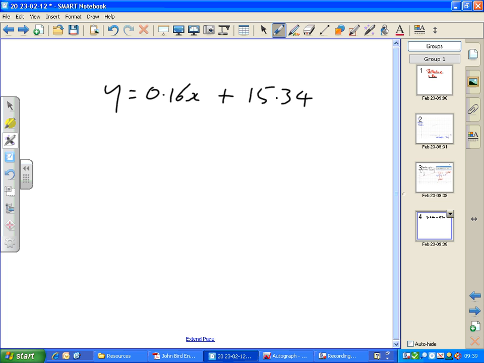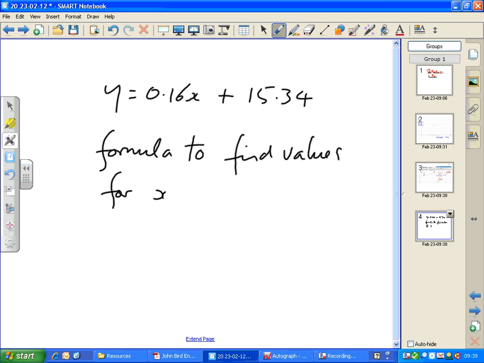So this is like a formula to find values for x or y. So if x equals 3, or if x equals 55, what's y? What would I do?